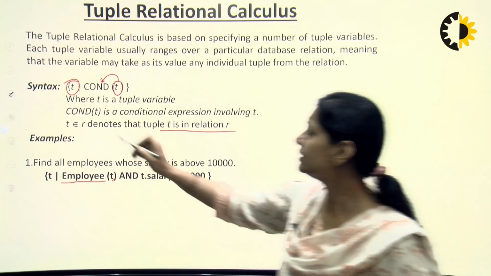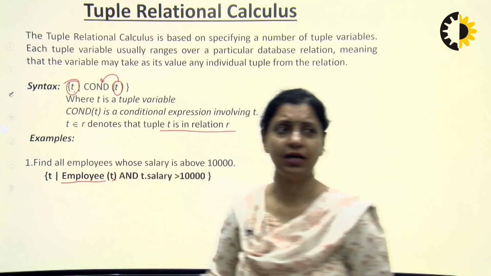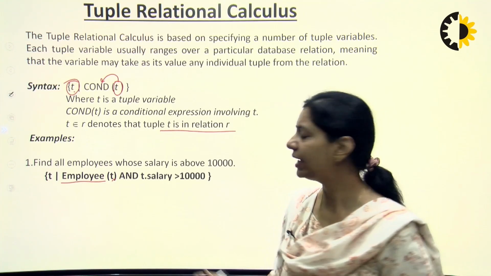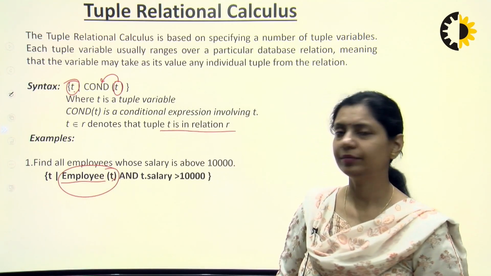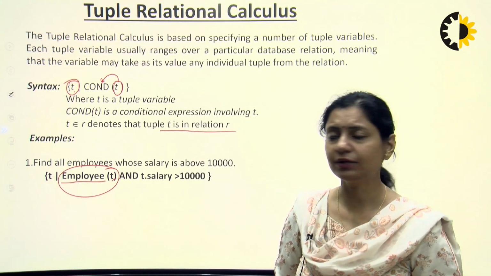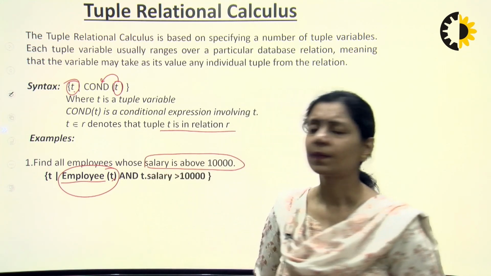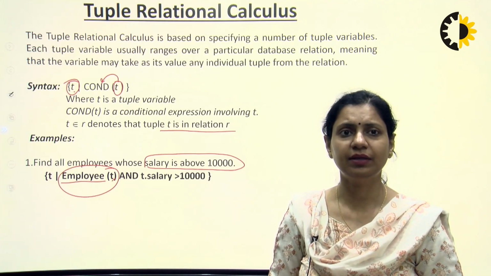As per the syntax, we will be writing curly braces, T, then a bar, and then in the condition, we will have the table name, that is employee, with the tuple variable, and the condition that we need to provide, that is the salary is above 10,000. Now, this salary is basically the attribute of the table employee.